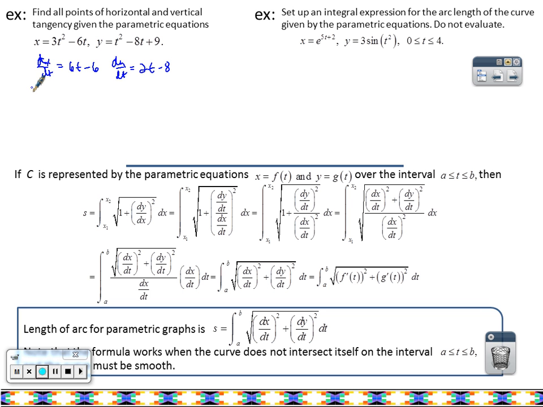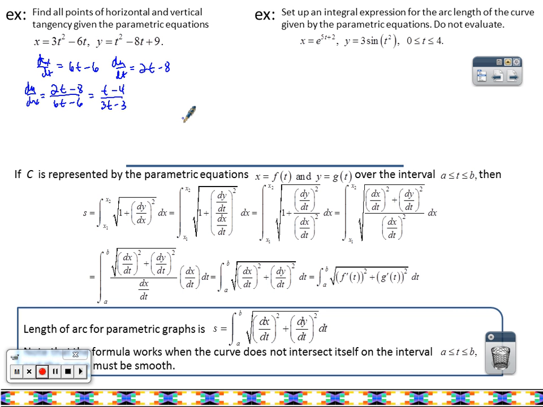So therefore, dy dx is going to be, we put the y one on top, 2t minus 8 over 6t minus 6. If you wanted to make it easier to calculate with, you could take a 2 out of the numerator and denominator, and get rid of the 1 if you wanted to. That would be fine. So we factor out a 2 from the numerator, a 2 from the denominator. We get t minus 4 over 3t minus 3.